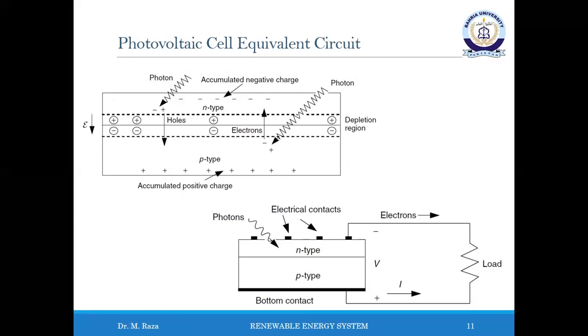When they reach the P side, they recombine with holes, completing the circuit. By convention, positive current flows in the direction opposite to the electron flow. So, the current arrow in the figure shows current going from the P side to the load and back to the N side.